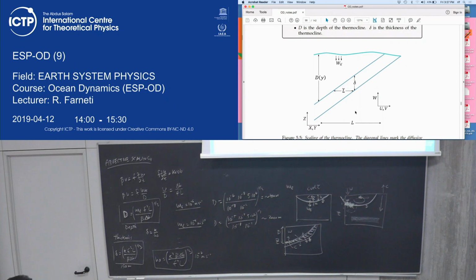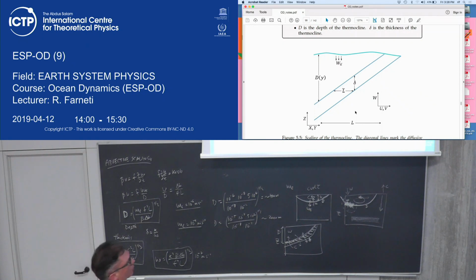Below that, you cannot feel the wind. You actually have meridional overturning circulation, different circulations. That separation between the wind-driven gyre circulation and the meridional overturning circulation can be thick or thin, and it's going to be thicker or thinner depending on diffusivity.